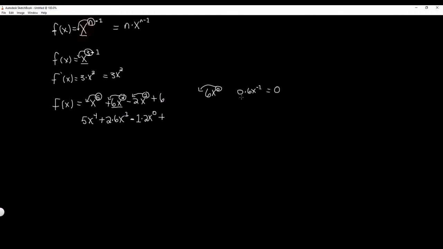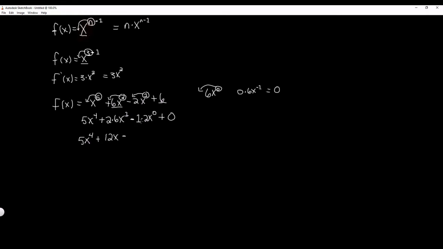So to save some time, instead of having to do it like this, just know that anytime you have a constant and you want to take the derivative, it is 0. So we'll just have plus 0. Then we can clean this up a little bit. 5x to the 4th is fine the way it is. Plus, so 2 times 6 is 12x, and then the first power, we don't have to write it because it's just implied.